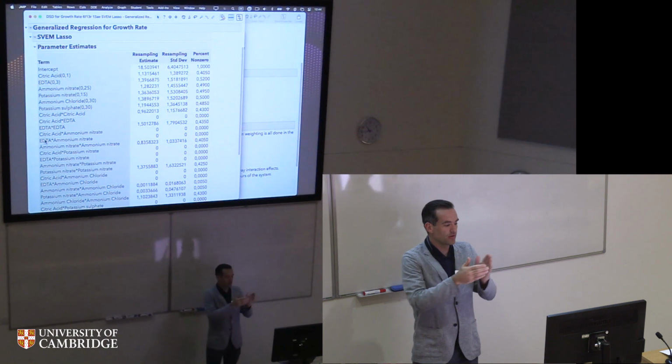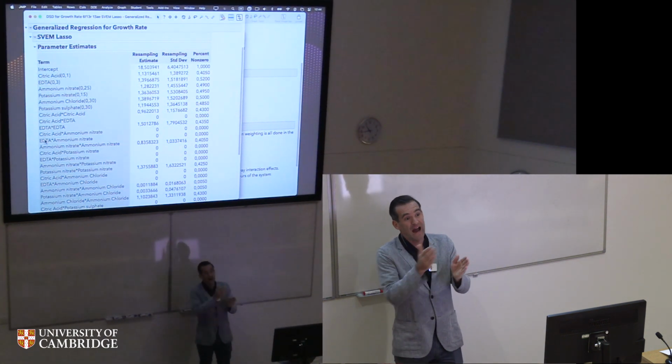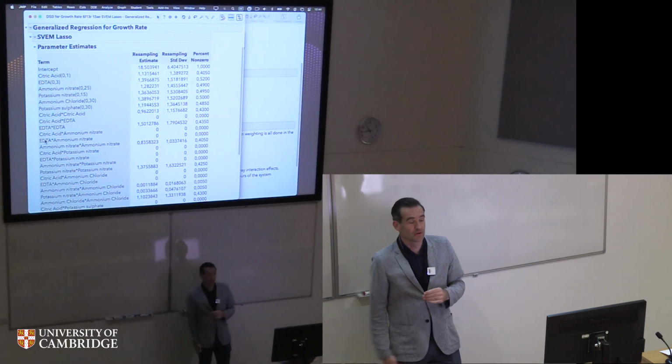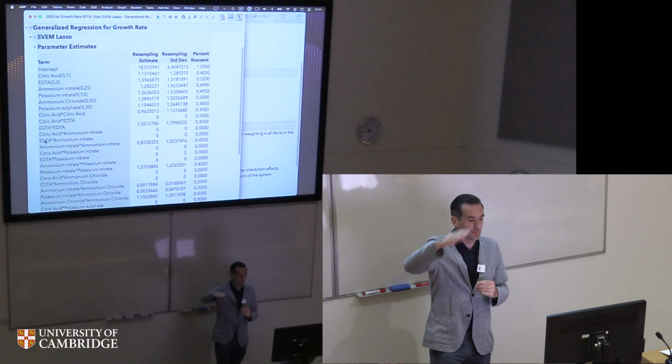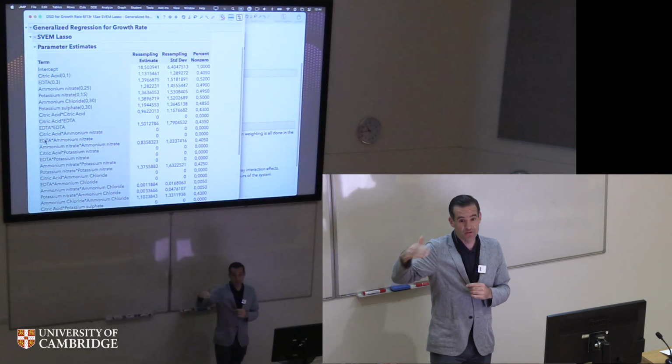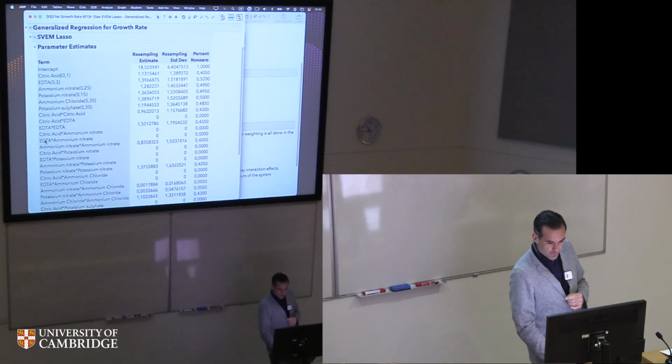So the effect of each factor is actually the effect that we've seen averaged over those 200 models. In some of those models, the effect appeared to be significant. It had a parameter of a certain size. In others of those models, it was 0. And we average over all of those.